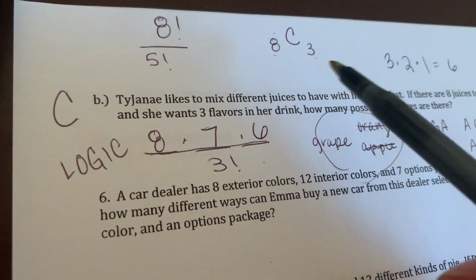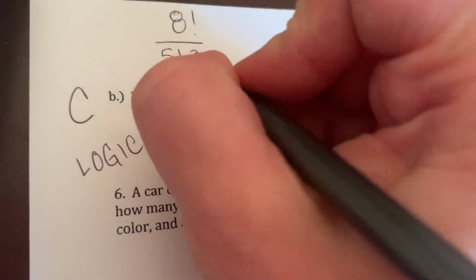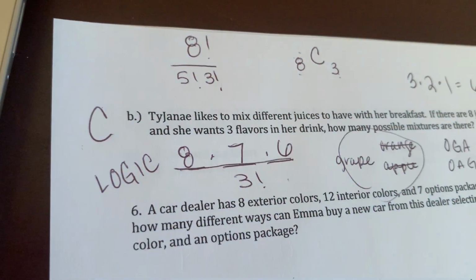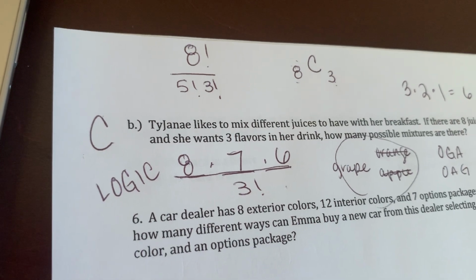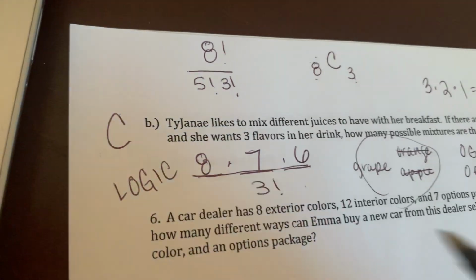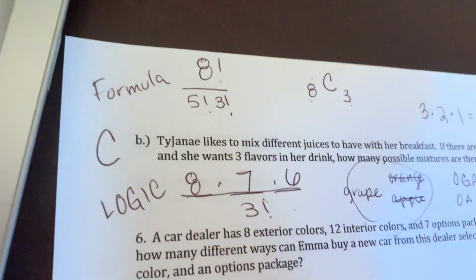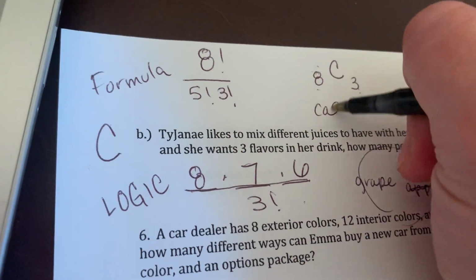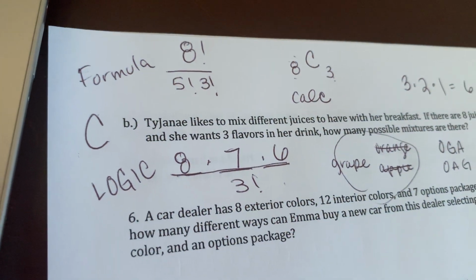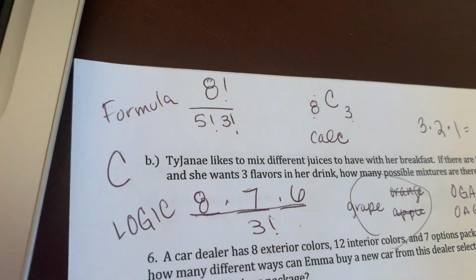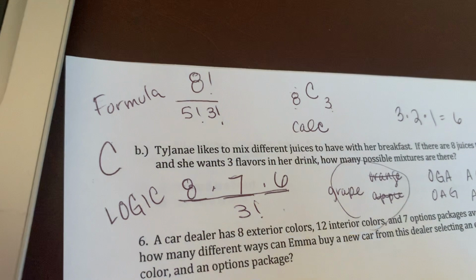But then, hey, wait a minute, if I'm choosing 3 juices, those 3 times 2 times 1 ways don't matter. It's a lot. So logic, formula, or you could use the calculator, okay? And you're gonna get 56.